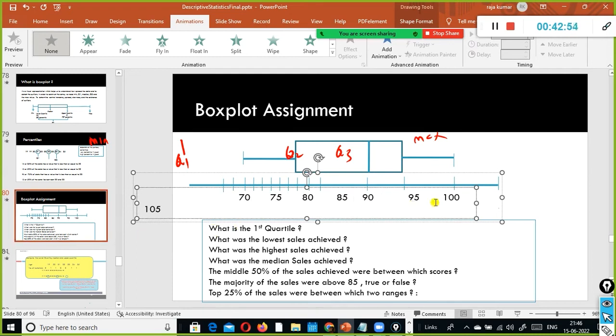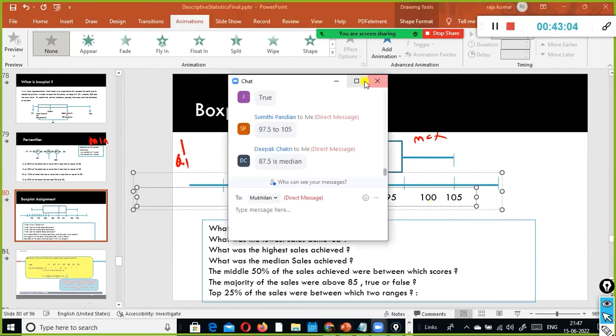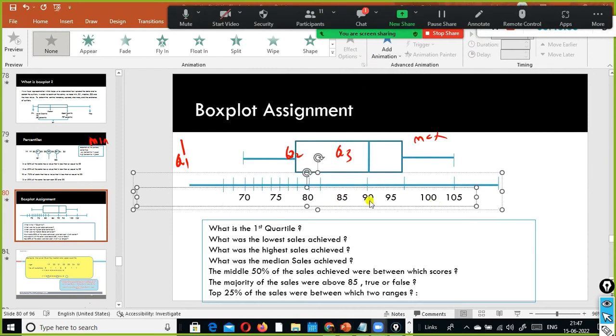One second. 87.5 is the median, right? So I'll just move this a little bit. Here you will get your 87.5.